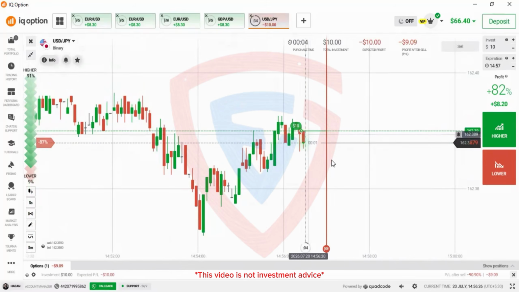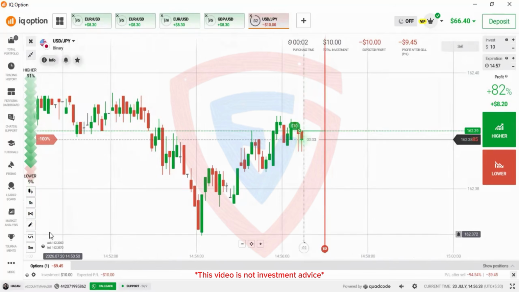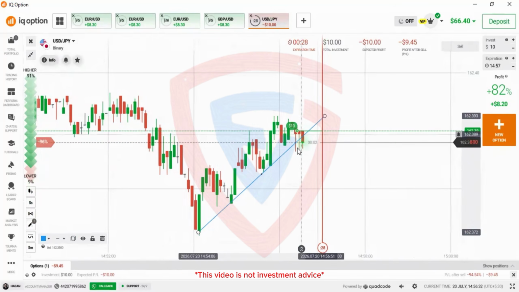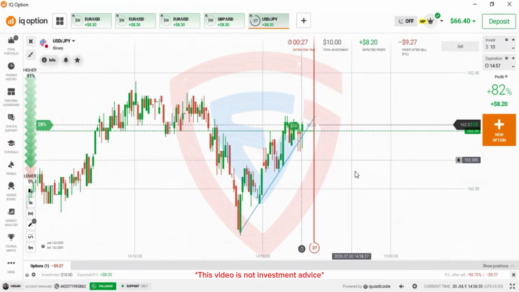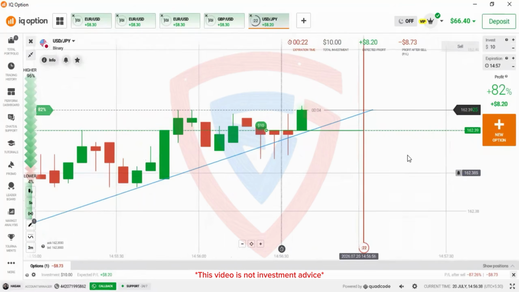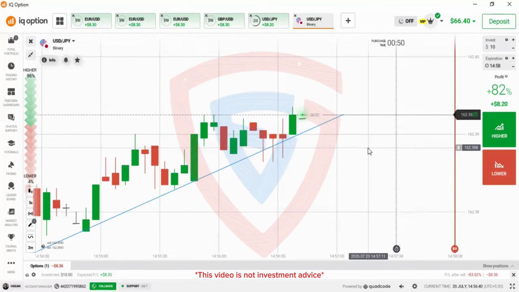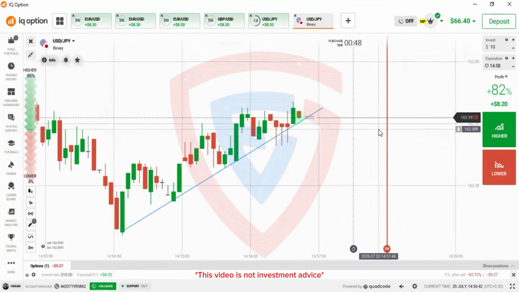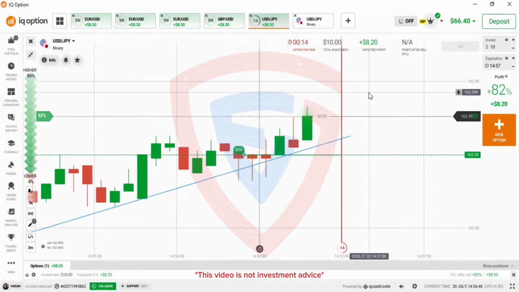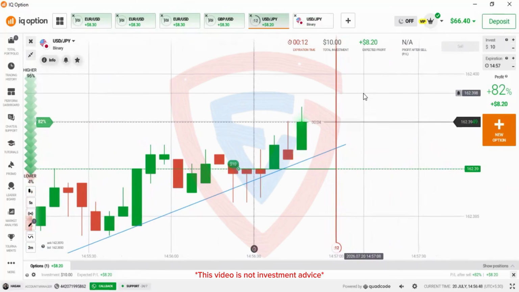So the late entry. I wanted to place my trade here because it is a trend line point. So I wanted to place my trade here, but it is a late entry trade, because the right entry will give you a winning trade easily, but the late entry sometimes may give you a losing trade also.